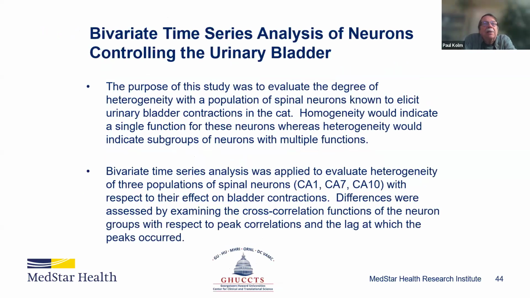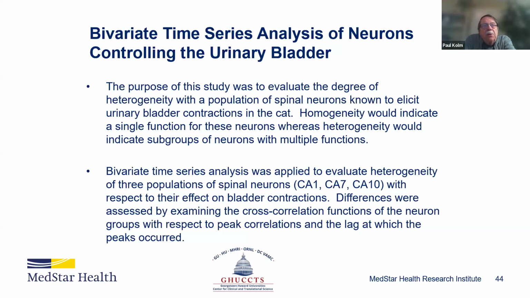But anyway, the study wanted to evaluate the degree of heterogeneity within a population of spinal neurons known to elicit urinary bladder contractions. The hypothesis was that homogeneity would indicate a single function for these neurons, whereas heterogeneity would indicate subgroups of neurons with multiple functions.